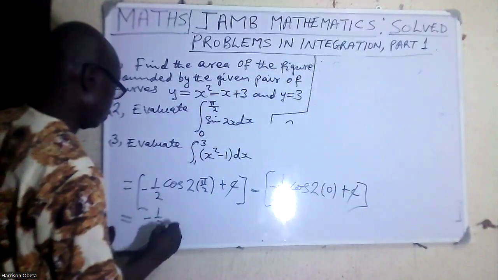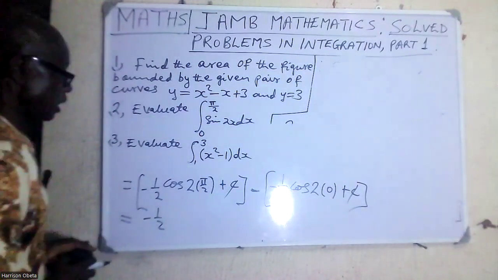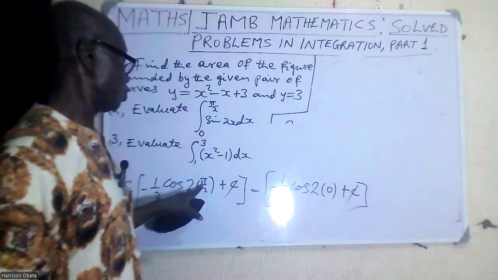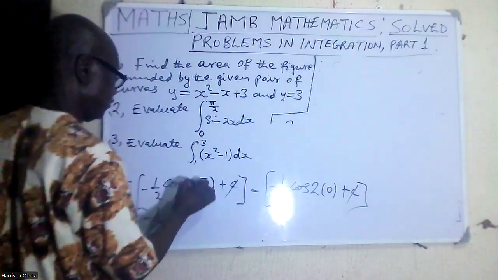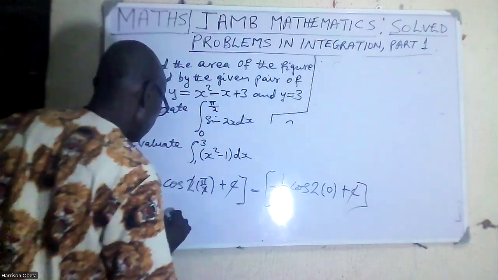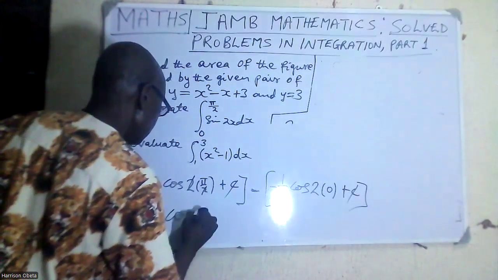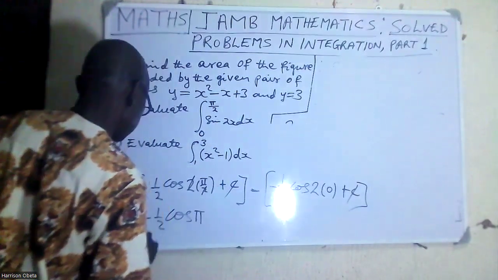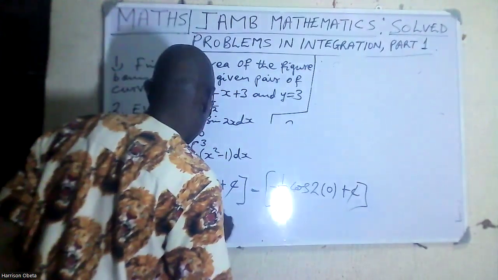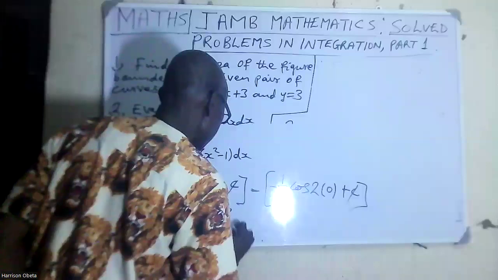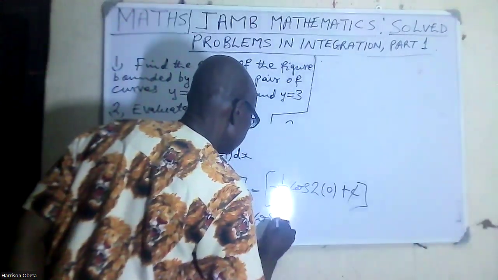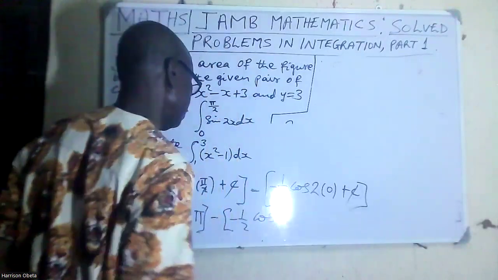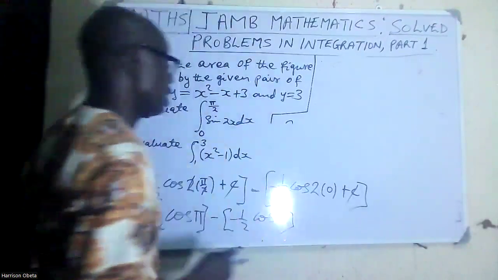And then we now have minus 1 over 2 cos pi, where pi is 180. So we are now going to have cos pi minus bracket minus 1 over 2 cos 0, because 2 times 0 is 0. Okay?